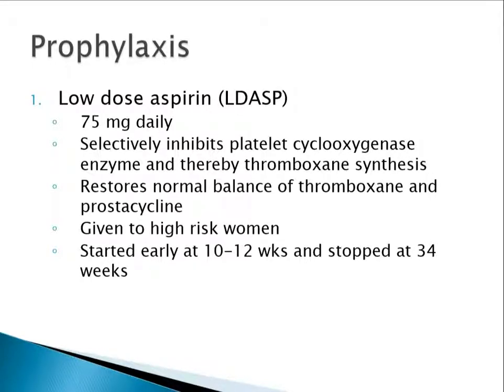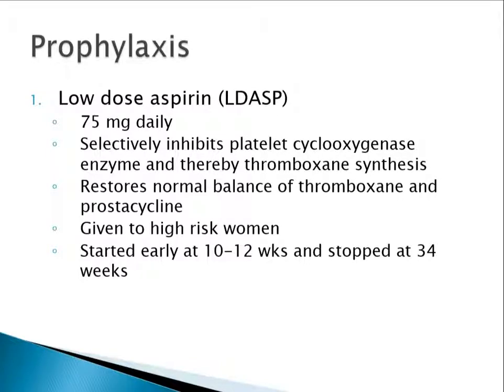Now, how does this aspirin prevent hypertension? It inhibits the cyclooxygenase enzyme in the platelet. This cyclooxygenase enzyme is involved in the production of thromboxane. So thromboxane is a vasoconstrictor.